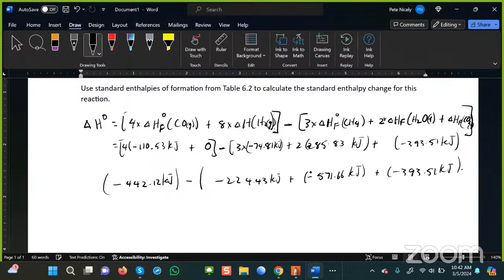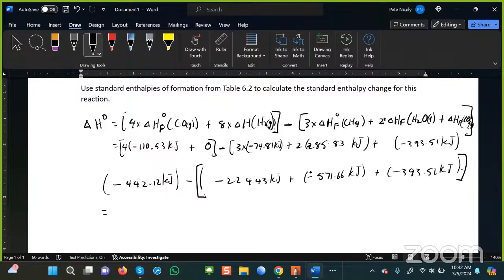So this is basically what it comes down to. So let's add up all of these. By the way, all of this here should be within square parentheses. So what I'm going to do is work out this part first. So minus 224.43 minus 571.66 minus 393.51.